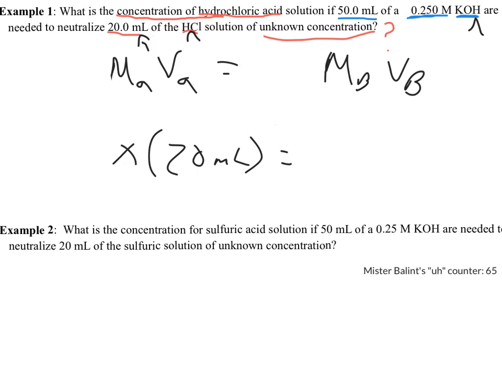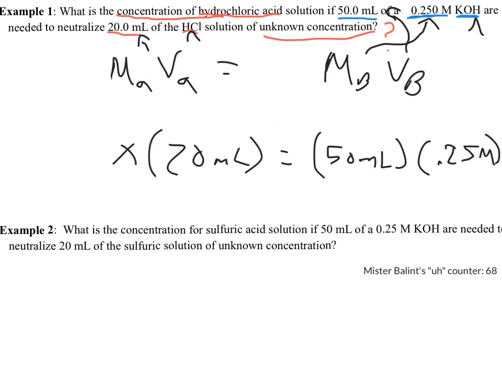On the other side of the equation, I do have a molarity for the base, and I also have a volume. So I'm just going to plug those right in. That looks like the volume is 50 milliliters, and the molarity is 0.25 molar.